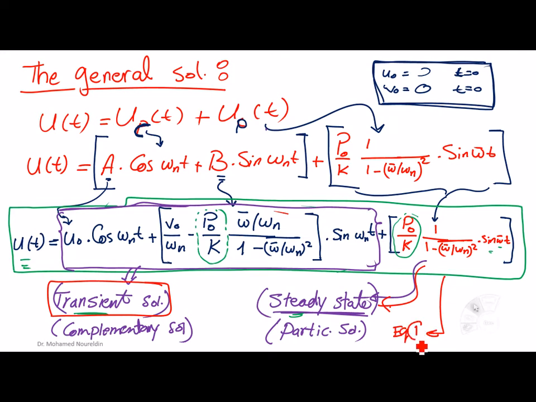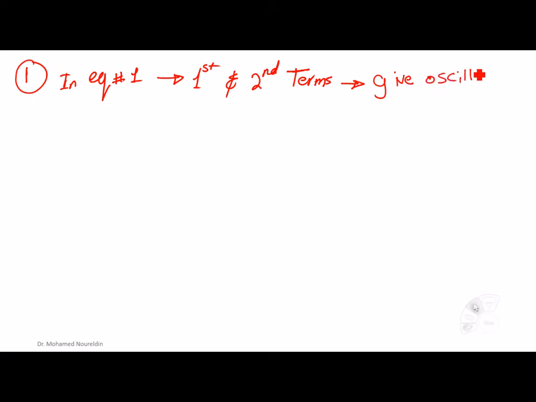In equation number 1, this is a note and hint you can keep in your mind: the first and the second terms give oscillation at omega n, meaning at the natural frequency of the system.